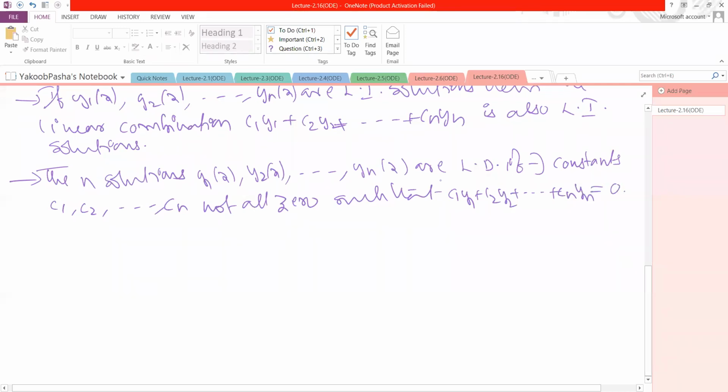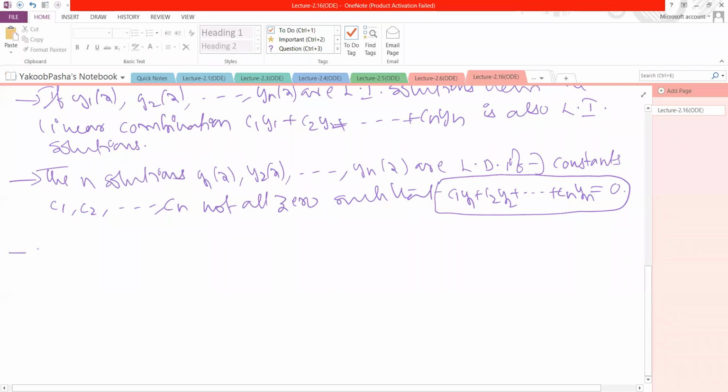That means the linear combination is 0, but there exists at least one constant ci which is not equal to 0. In this case, we say that the solutions are linearly dependent.